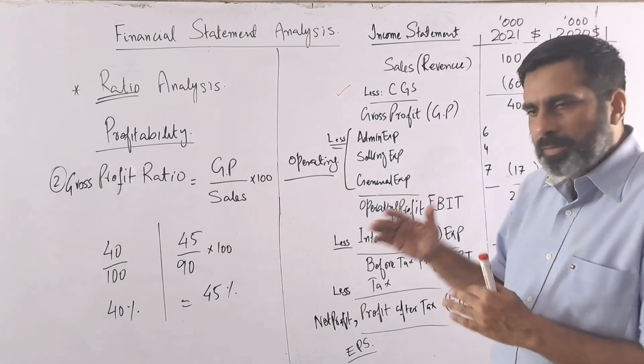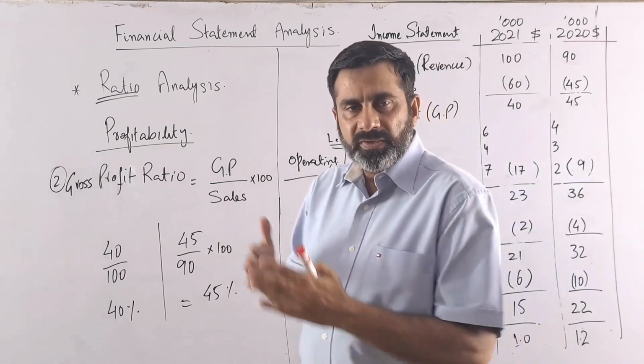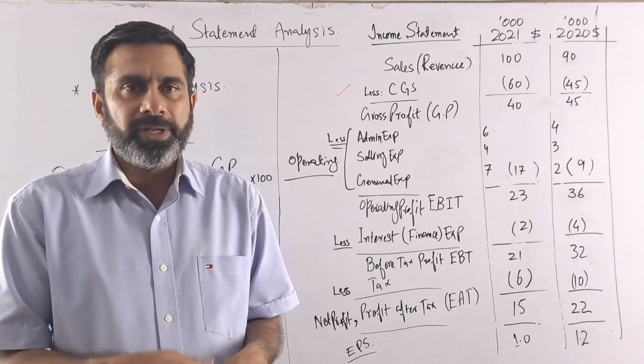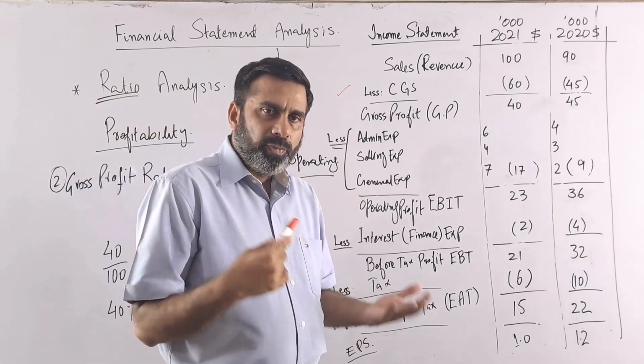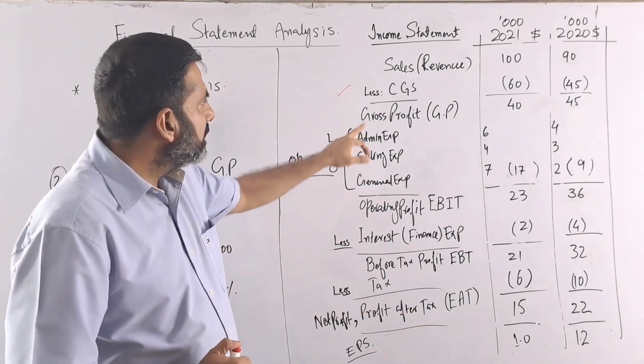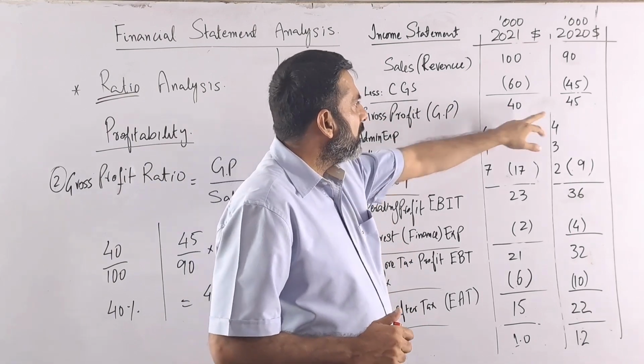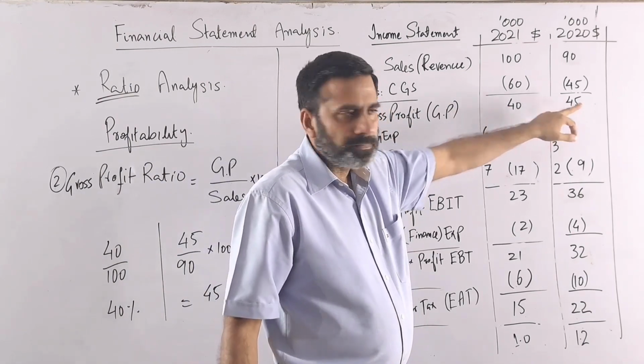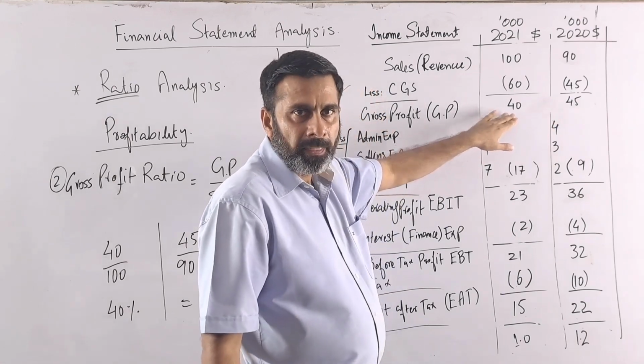With the net profit, obviously we see how much the profit was in the previous year, how much this year, and whether there is an improvement or a reduction. But here we will see the gross profit. The previous year it was 45, and this year it is 40.